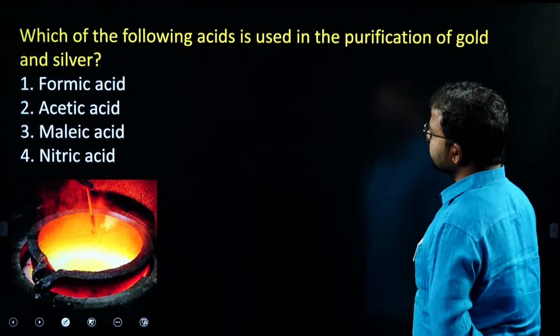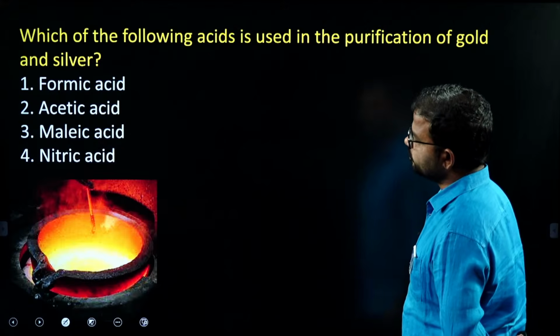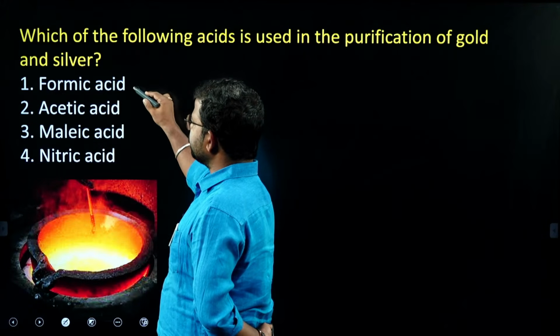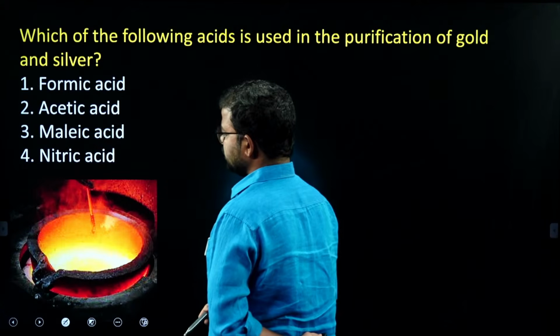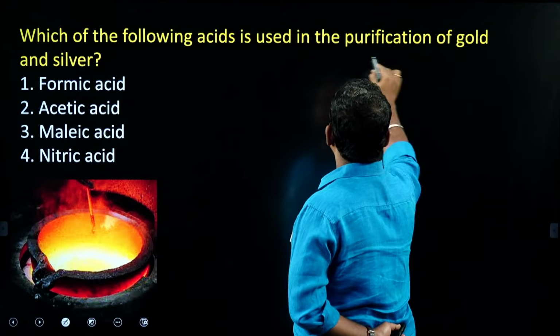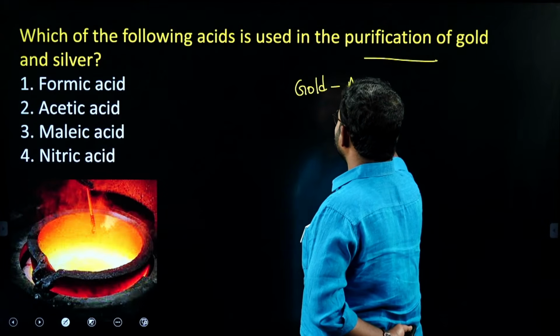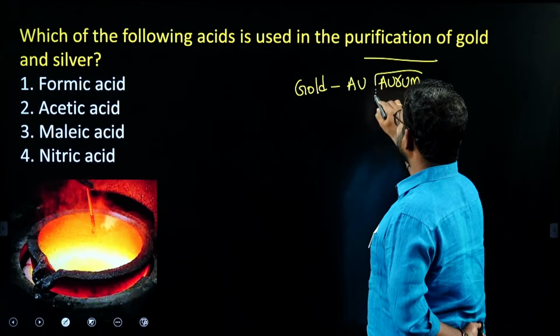Next, which of the following acids is used in purification of gold and silver? Purification of gold and silver. Formic acid, acetic acid, malic acid, nitric acid. The symbol of gold is Au.